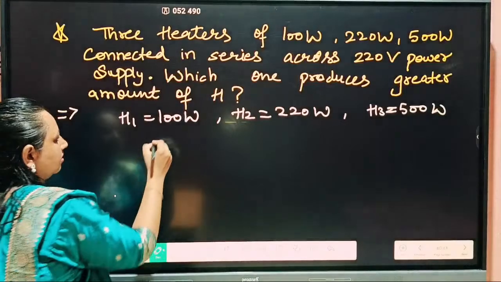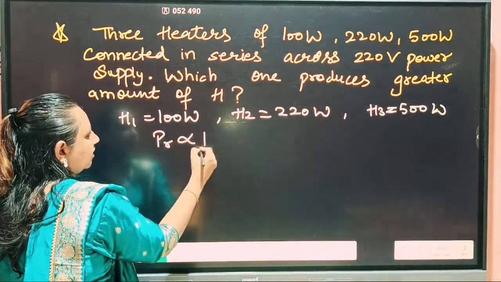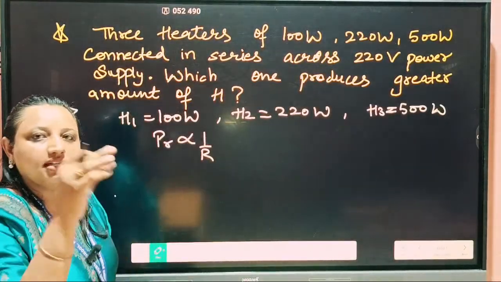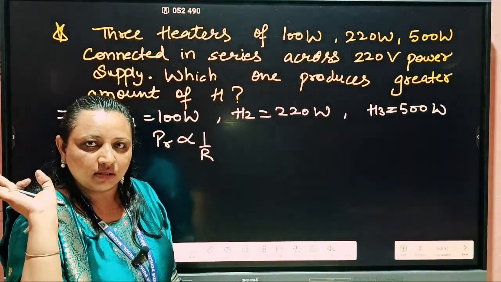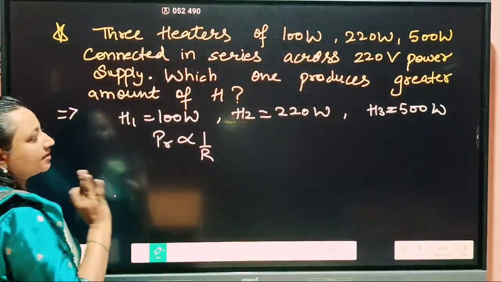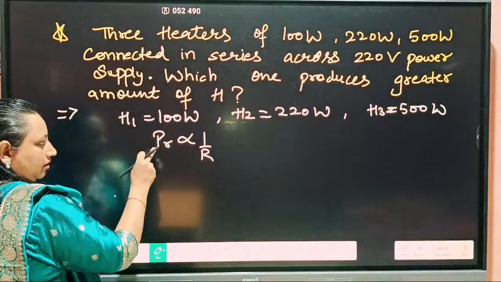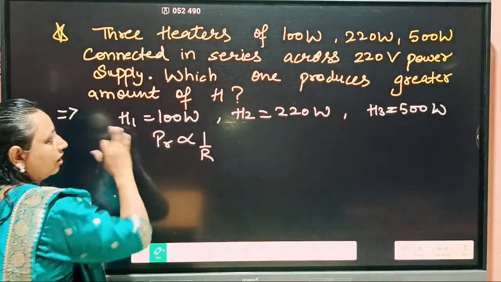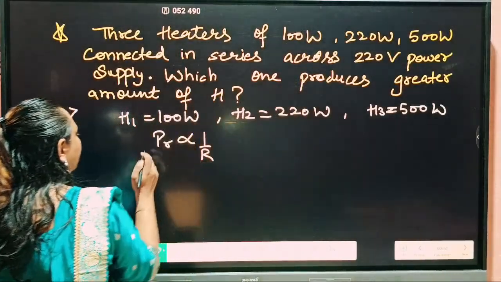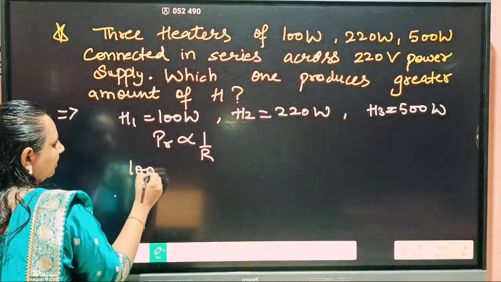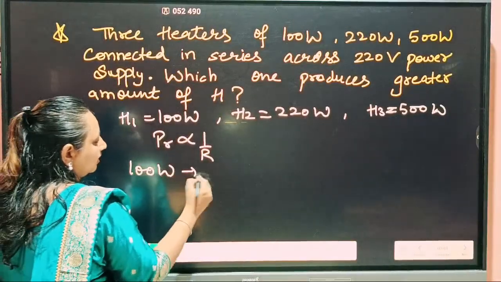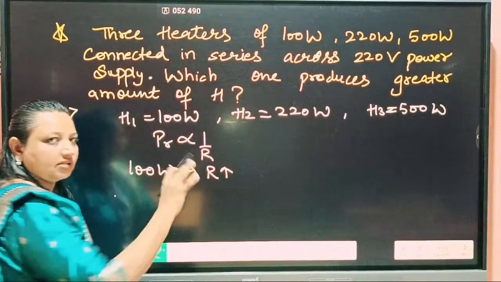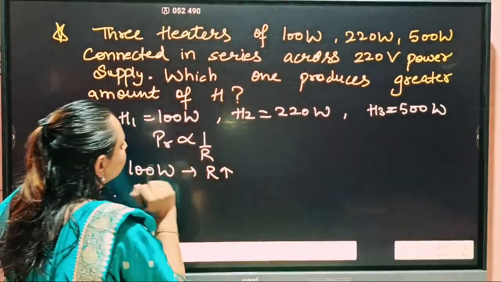As we discussed that rated power is inversely proportional to the resistance, whether it is series combination or the parallel combination, right? So whose resistance is greater? Whose rated power is less? So among these 3, 100 watt has the less rated power, so its resistance becomes high among these 3. They are connected in series combination.